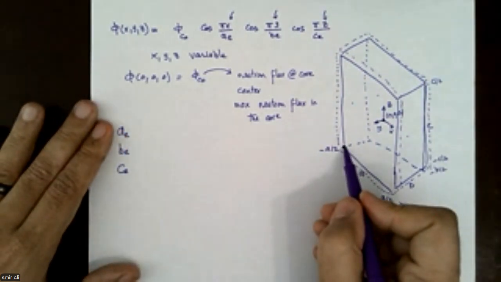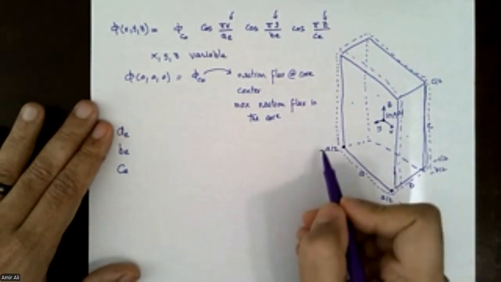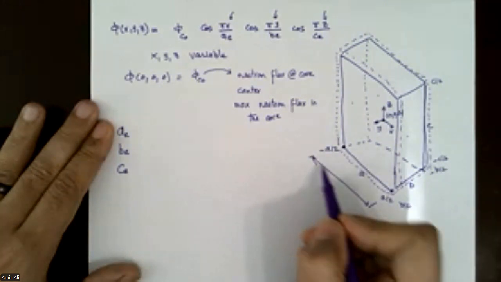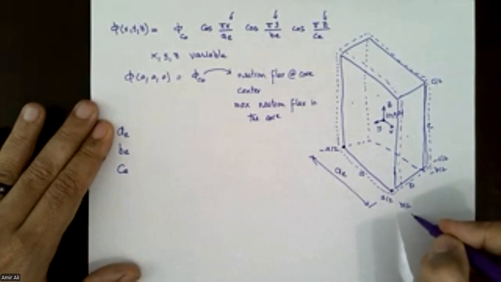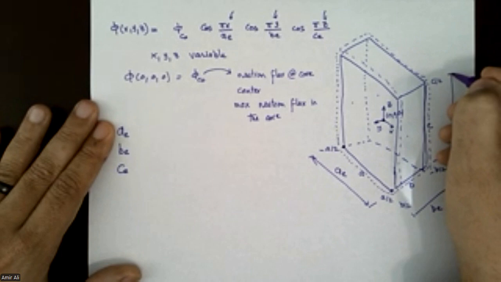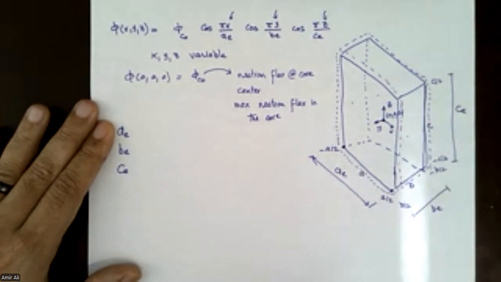So if the physical dimension of the reactor here is A, that dashed line should be called AE, this distance for the dashed line will be BE, and the height of the reactor will be CE.